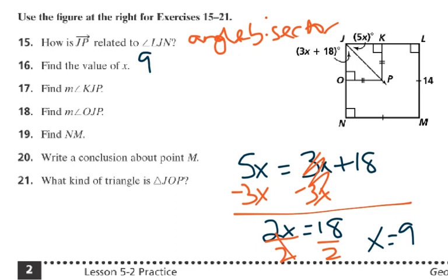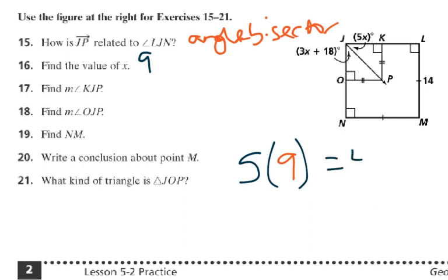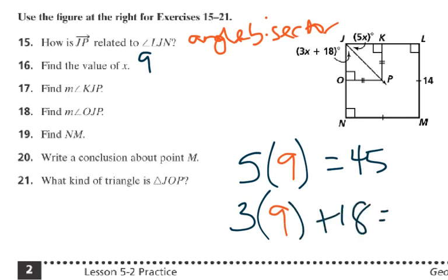And again, they should be the same thing. So when we plug in x is 9, we should get the same answer. So I'm going to give myself some space. And if I do 5 times 9, of course, that's 45. And if I do 3 times 9 plus 18, that's 27 plus 18, which is also 45.